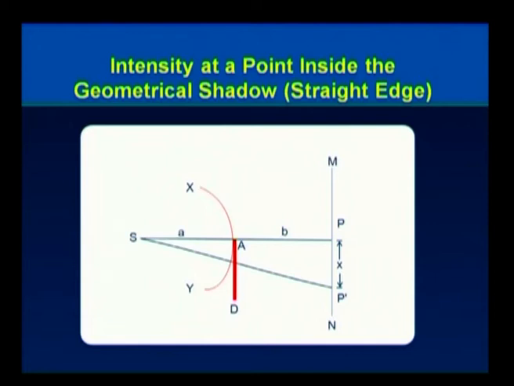Let me now pass on to the theory part. We are trying to understand how we could explain the formation of the intensity changes that you see outside the geometrical shadow and a finite intensity within the geometrical shadow.